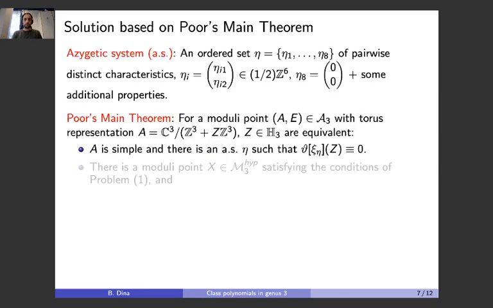The algorithmic solution of our problem, which is part of the implementation, is based on Coble's theorem.